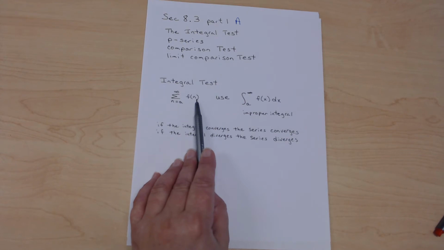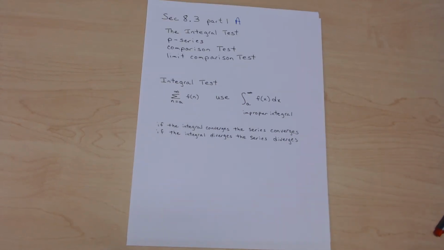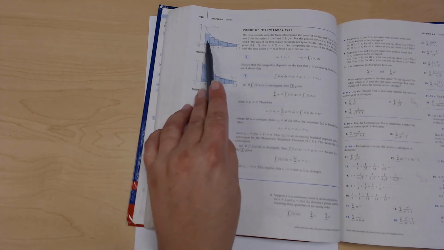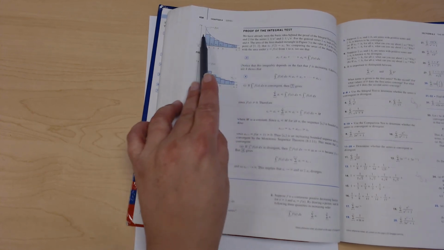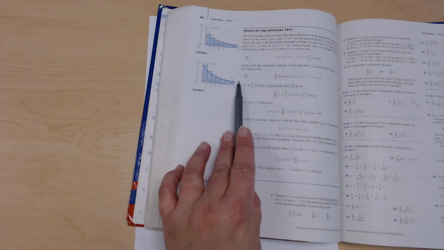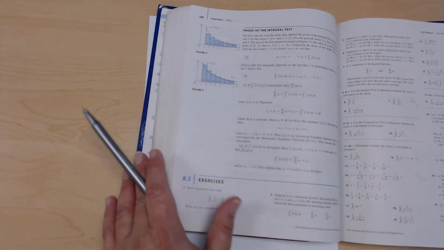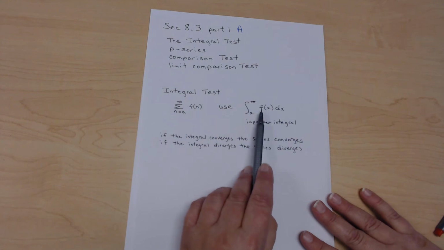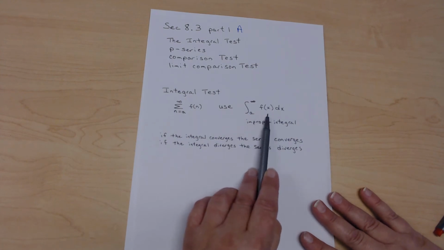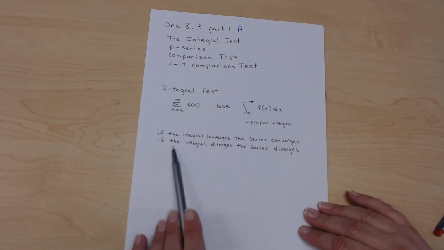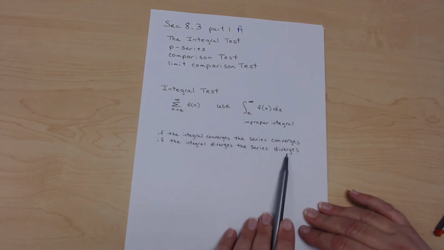There's kind of like a proof here. So we're doing the sum of the integrals, and here's my actual function. It will at least tell us whether it converges or diverges, but it does not converge to this numerical value. If the integral converges, the series converges. If the integral diverges, the series diverges.